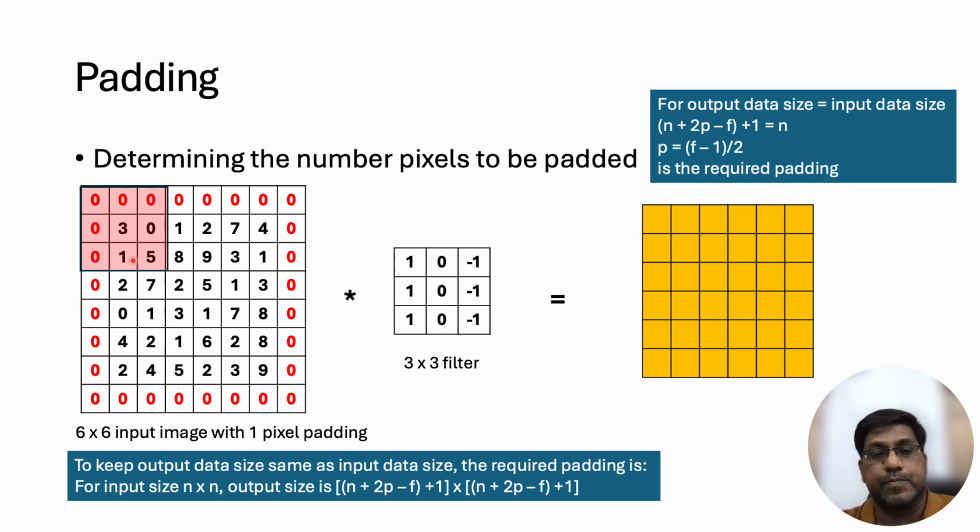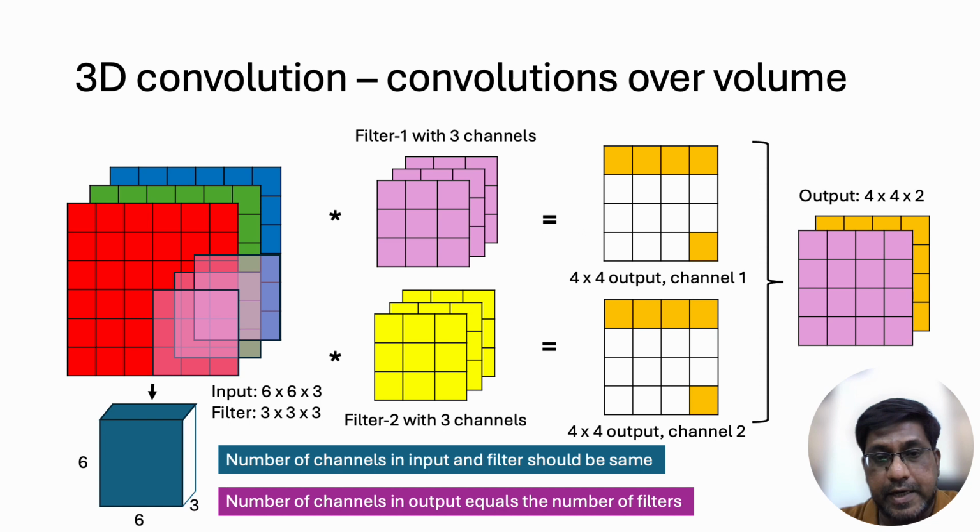But for the purpose of this discussion, we will restrict our attention to just saying that padding helps in controlling the dimensions of the output image with respect to the input image. So we can choose the amount of padding that is required in order to obtain a specific dimension for the output image.